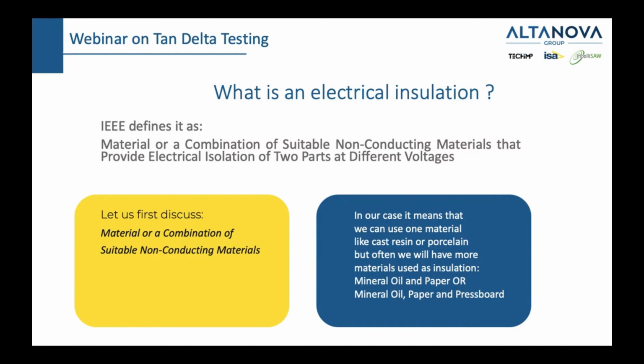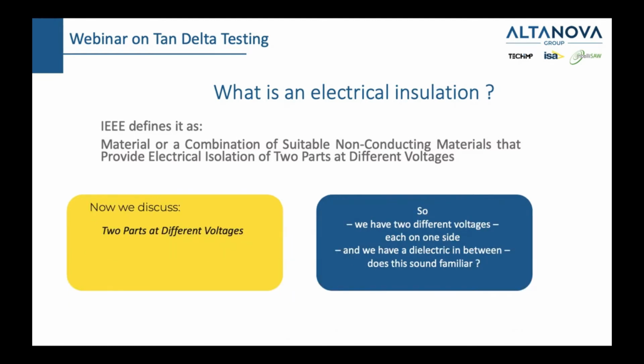Now, I hope we have clarified this. The next thing we will talk about is the end of the definition, which says two parts at different voltages. If we have two different voltages, each on one side, and we have a dielectric or an insulator in between, does this sound familiar to you?